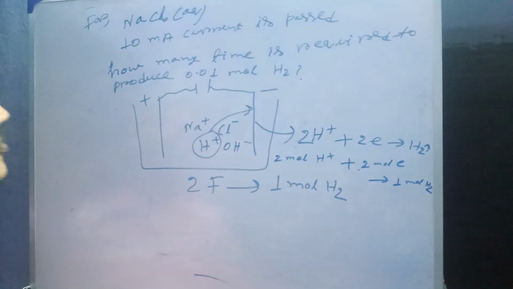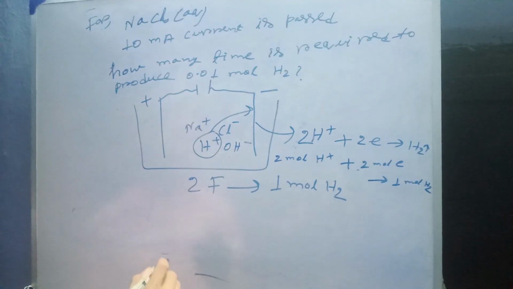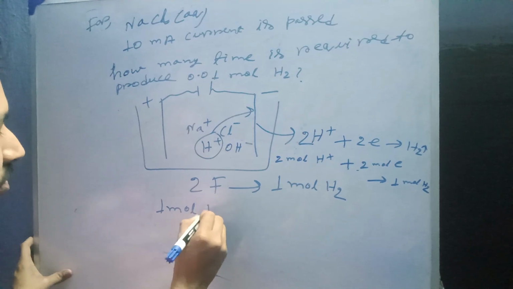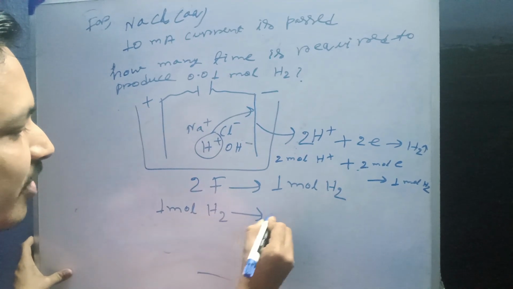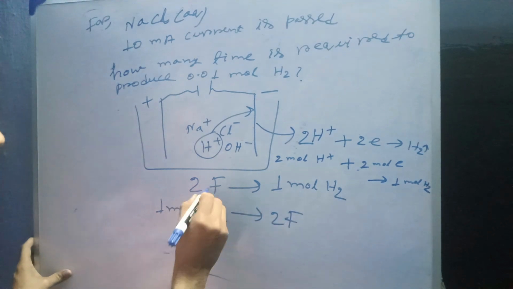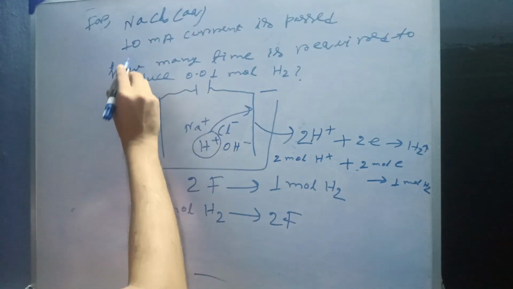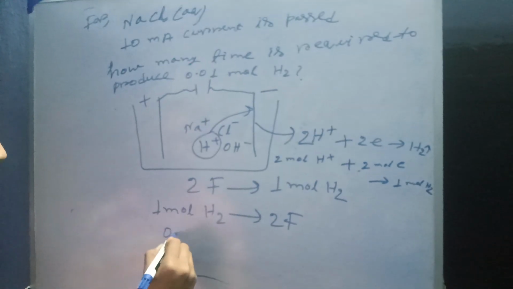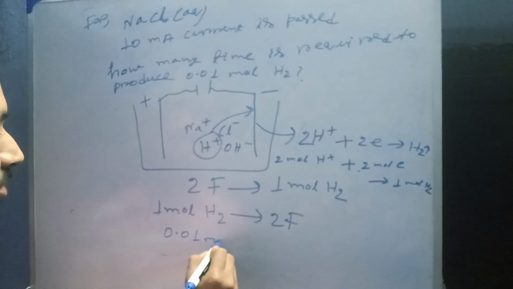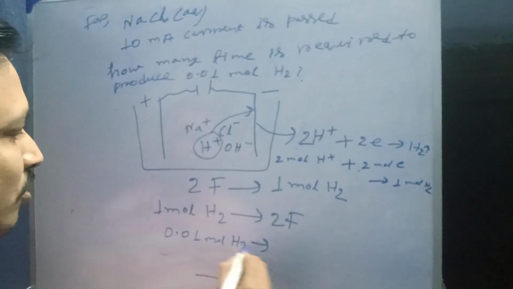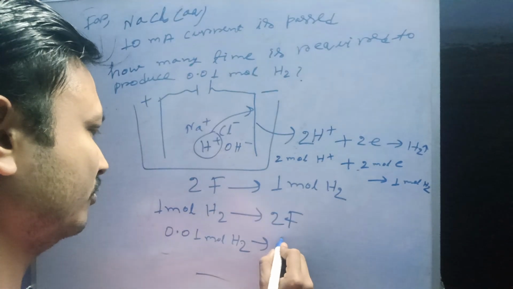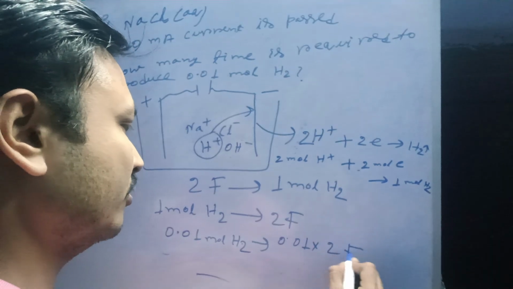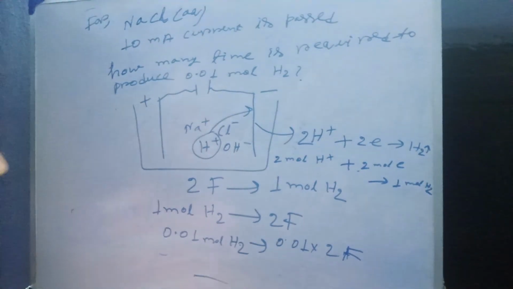Now as 2 Faraday produce 1 mole H2, 1 mole H2 can be produced from 2 Faradays of electrons. In the question, 0.01 mole of H2 is required. Hence 0.01 mole of H2 is produced from 0.01 into 2 Faradays of current.